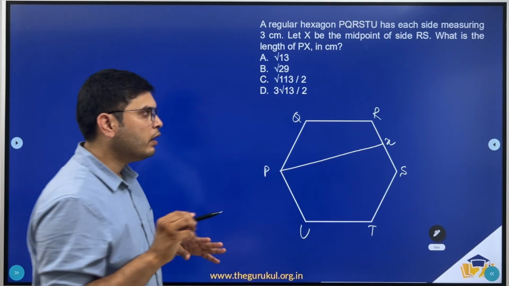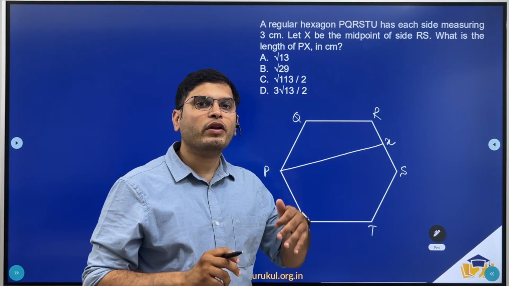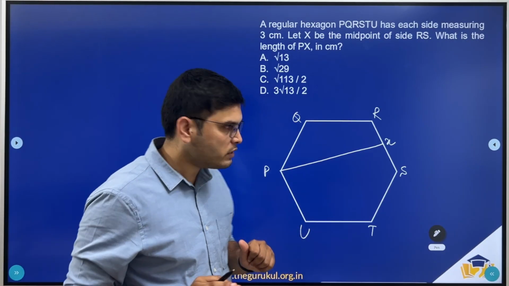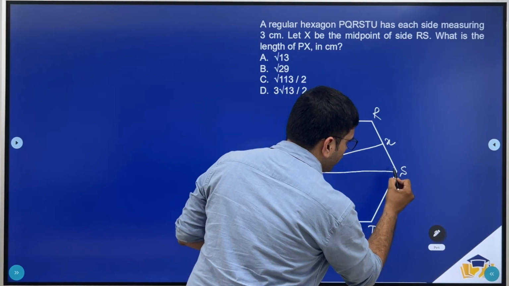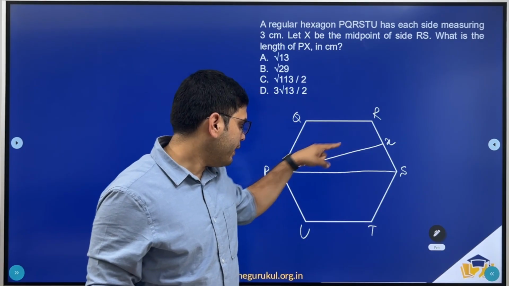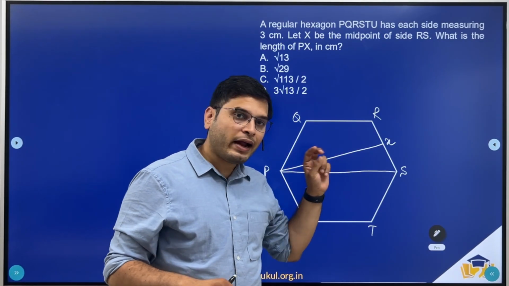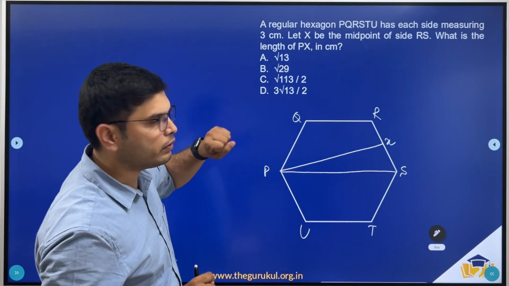Now what was asked? We are asked to find the length of PX, right? Now in the case of a regular hexagon, I want you guys to remember two values so that you need not waste time on finding those values in the exam. If you join the opposite vertices of a regular hexagon like P and S, or Q and T, and R and U, the length of that diagonal will be 2 times the length of the side. Now what is the side here? 3 centimeters.